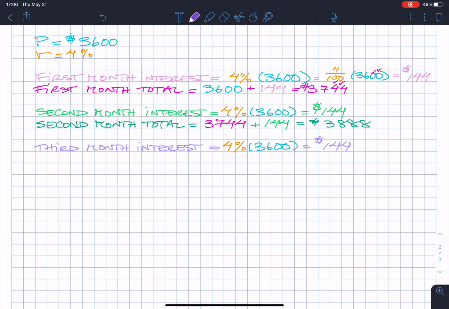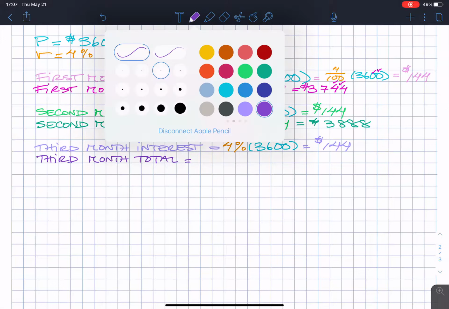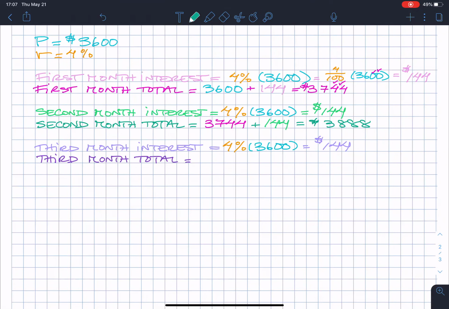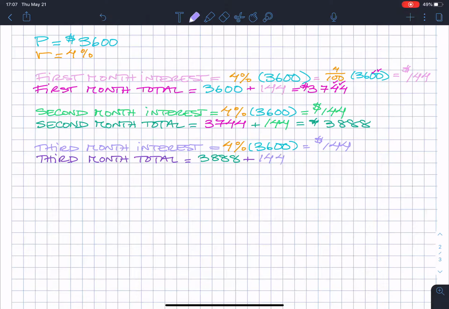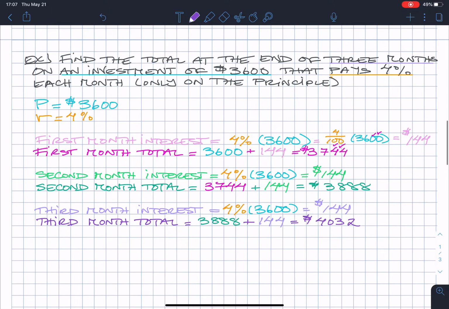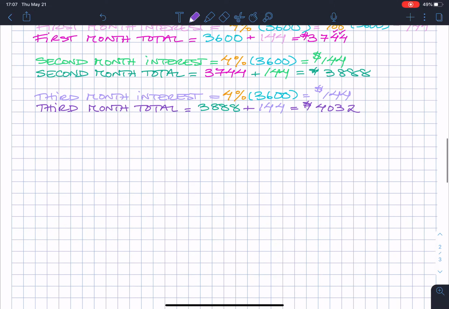So therefore, the third month total, which is what we're looking for, is going to be the second month total, $3,888, plus the interest earned during the third month, which is $144. So finally, what do we get? $4,032.